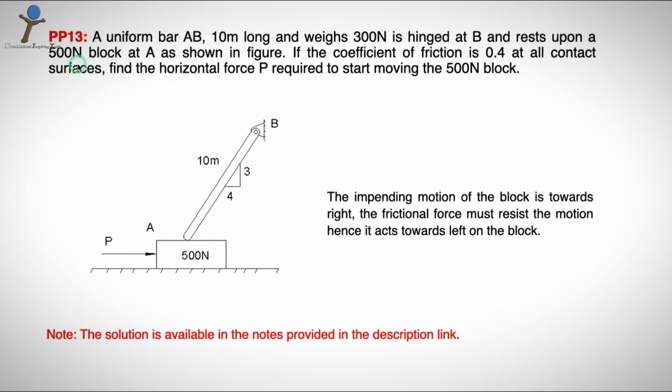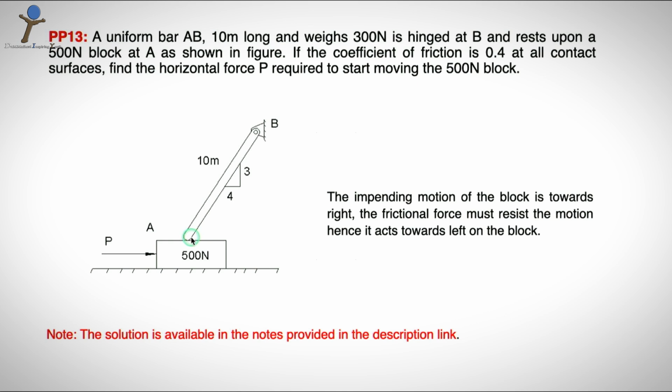Now, let us look at problem number 13. A uniform bar AB 10 meters long and weighs 300 Newton is hinged at B and rests upon a 500 Newton block at A, as shown in the figure.